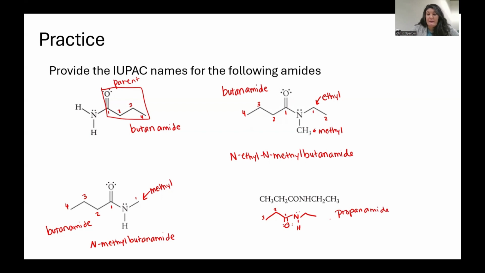The nitrogen is bonded to 1 hydrogen, and then a 2-carbon substituent, which is ethyl. The ethyl group is bonded to the nitrogen, so we have the locator N hyphen ethyl, and then prop and amide. So N-ethyl propanamide.